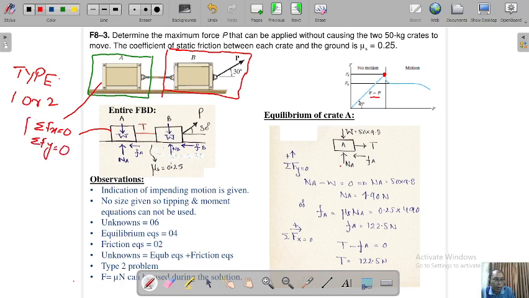These are your equations of equilibrium.